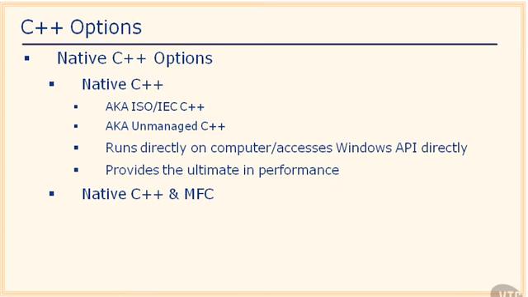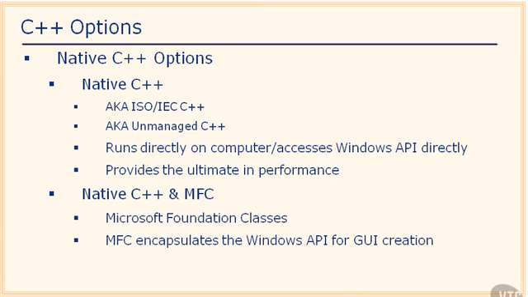Now, if you want to combine native C++ with some of the Windows graphical user interface type stuff, one choice you have is to write your code in native C++ and then use MFC, which in English means Microsoft Foundation Classes. And MFC simply encapsulates the Windows API for GUI, or graphical user interface creation.